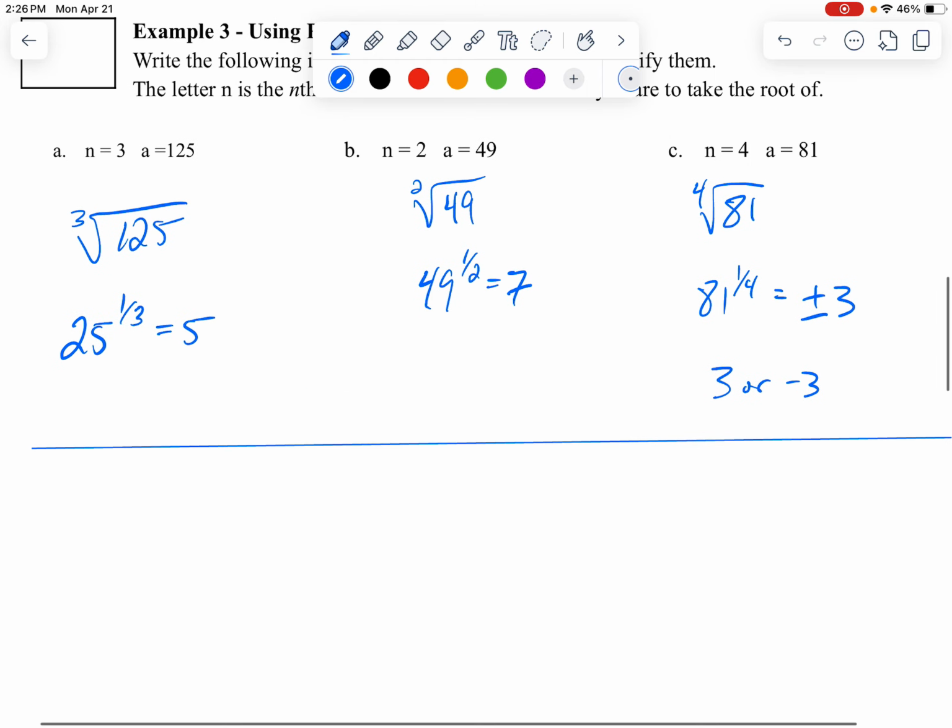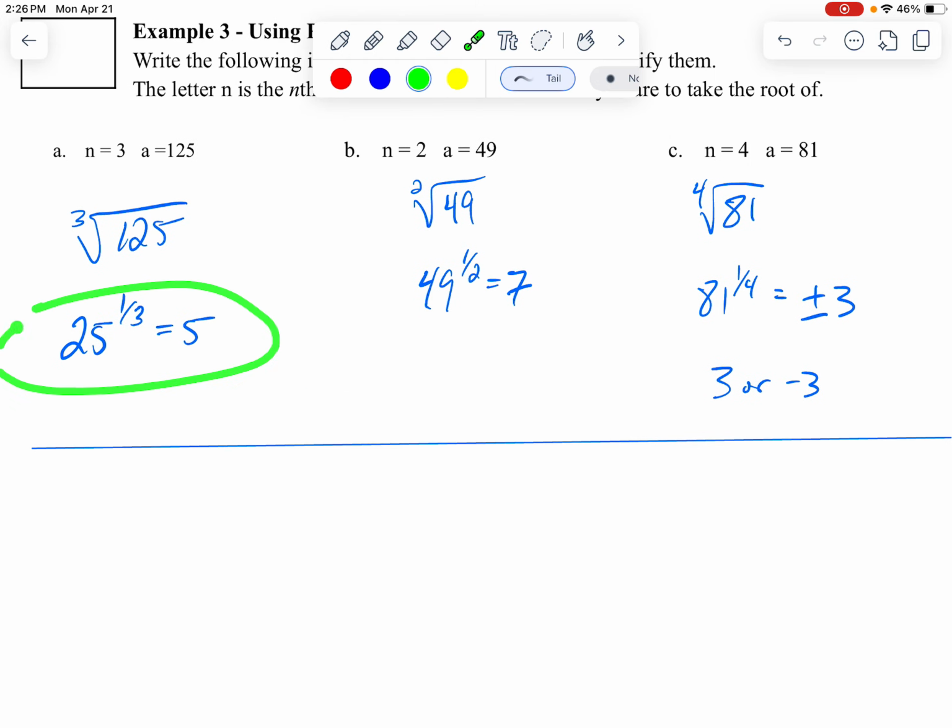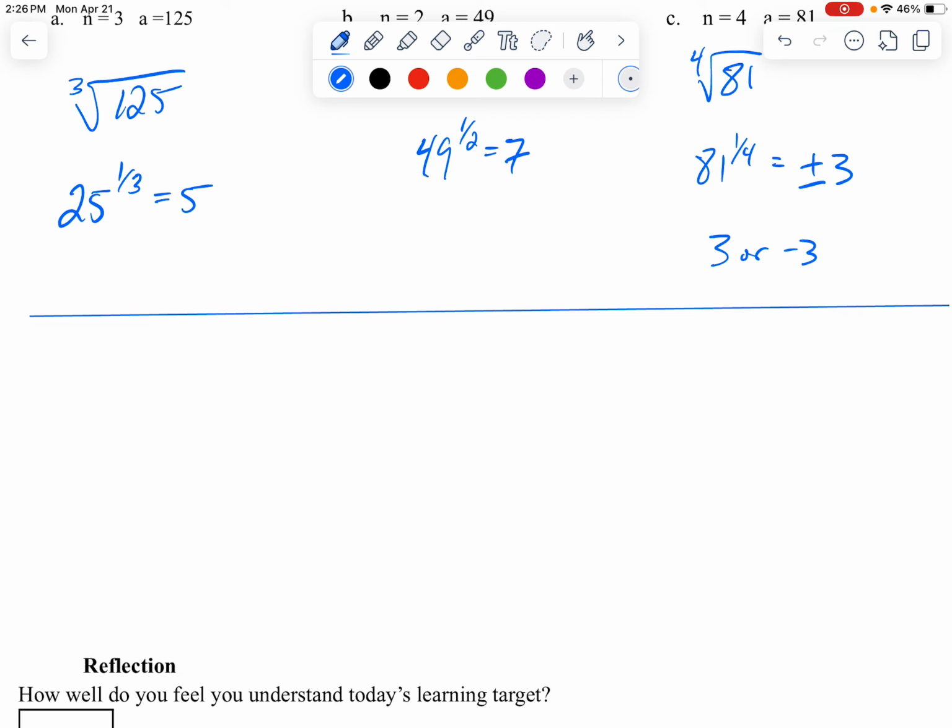You may have noticed that we've got a fraction. So like if I look up here, I've got 125 to the 1/3 power. Well, we've talked about powers, and this bottom number being a root, we can actually combine the two. I can write something as a power and a root. So here's the example that's going to be on the paper.